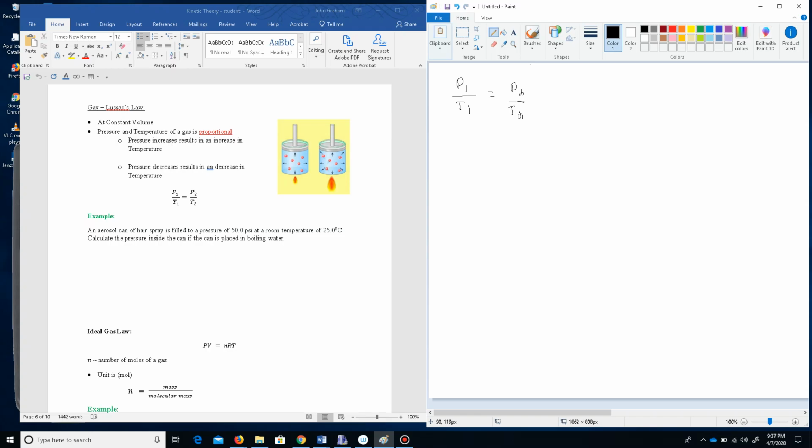Again, temperatures have to be in Kelvin. It means the pressure and temperature are proportional, which we can see since these are on opposite sides of this equation, and so you have this linear change. As pressure increases, so does temperature. Pressure decreases, so does temperature, and vice versa.